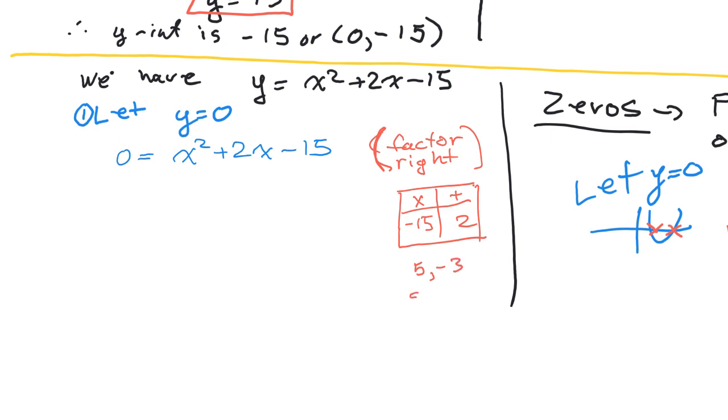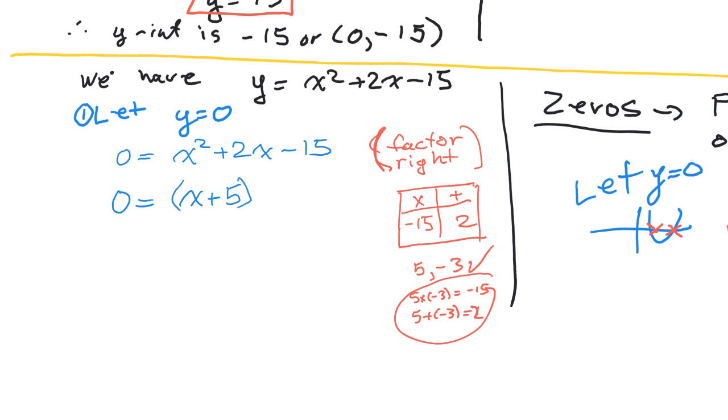So let's try that. 5 times negative 3 gives us negative 15, and 5 plus negative 3 gives 2. Oh, yes, that works. So here's what we write for our factorization: 0 is equal to (x plus 5)(x minus 3).